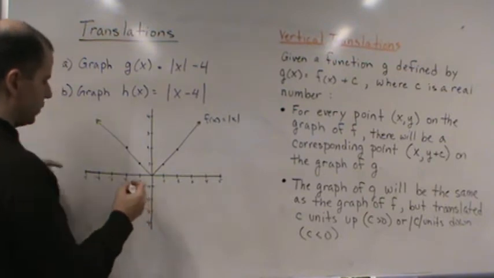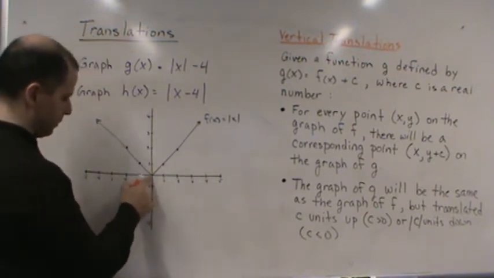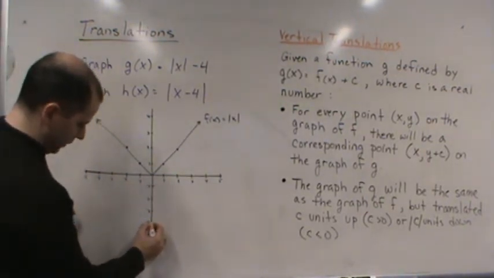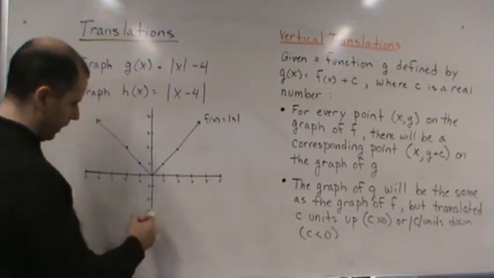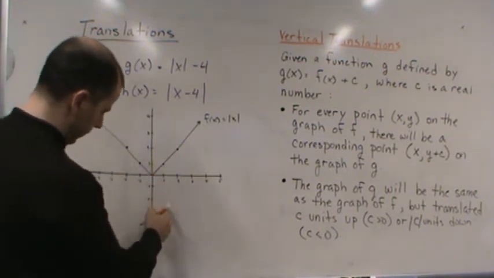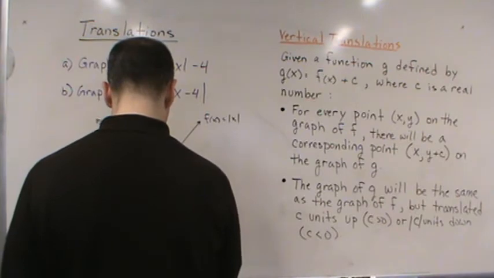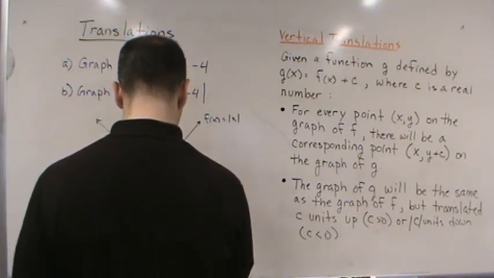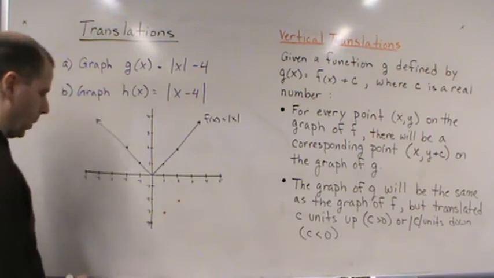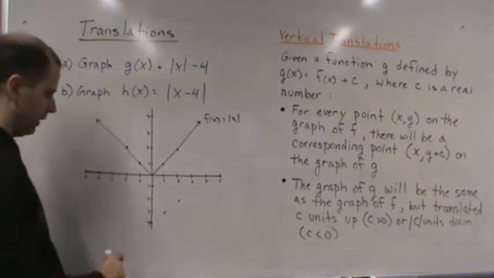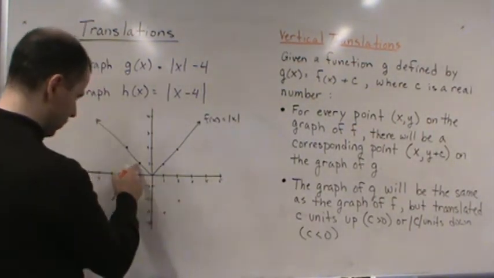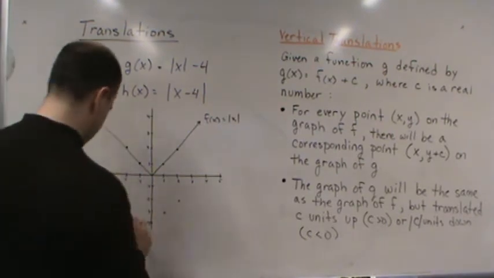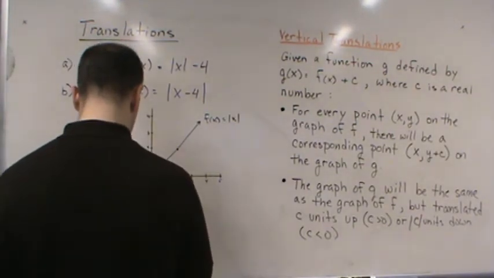So if I wanted to plot g, I would take this point here and move it down 4 units. So that would go down to here. And then this one would go down 4 units, which would put it here. Like so. And then, of course, this would be translated down 4 units, so that would go to here.